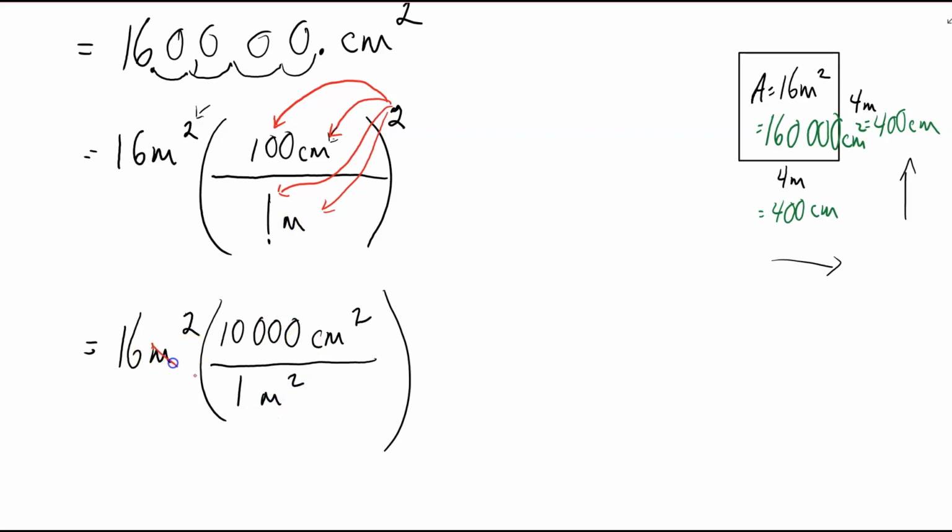Now we have equivalent units to cancel, and our 16 gets multiplied by 10,000, which is 160,000 centimeters squared. Okay, I'm just writing the decimal here because I want you to see exactly where it ends up.